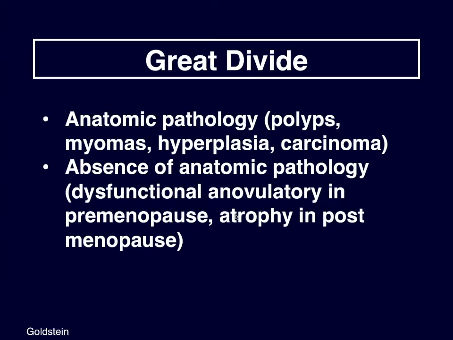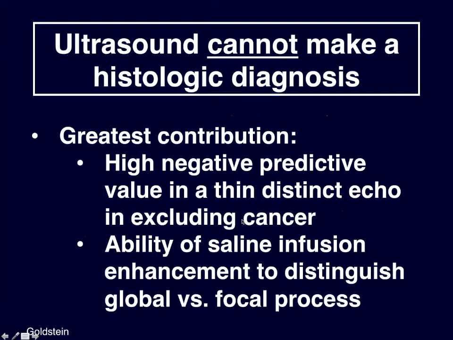You've got somebody with abnormal bleeding or postmenopausal bleeding. Either there's an anatomic reason, polyps, myomas, hyperplasias, even frank cancers, or there's no anatomic reason, in which case the bleeding is dysfunctional and anovulatory in premenopausal women and often atrophic in postmenopausal women.